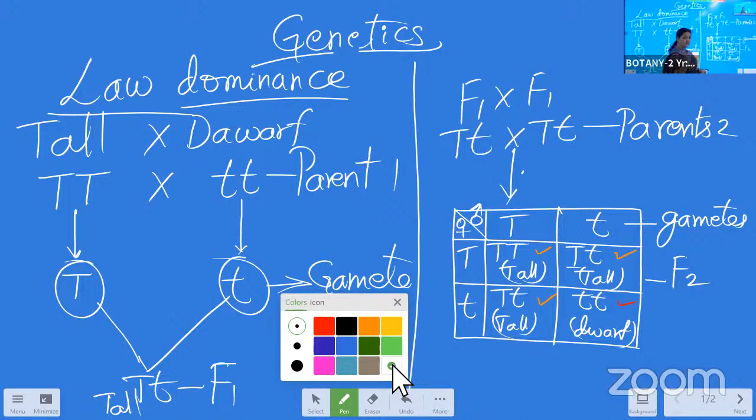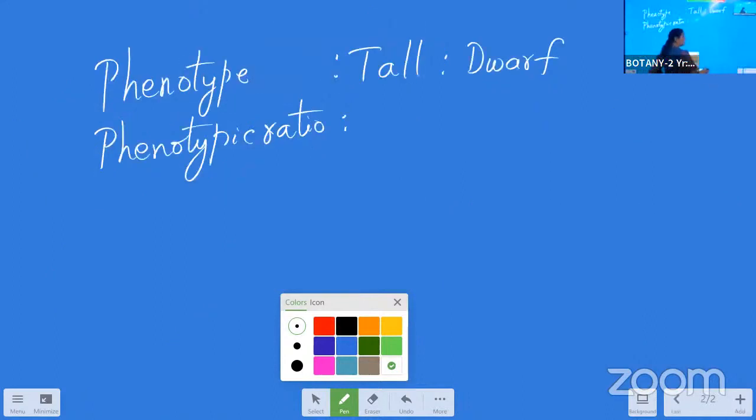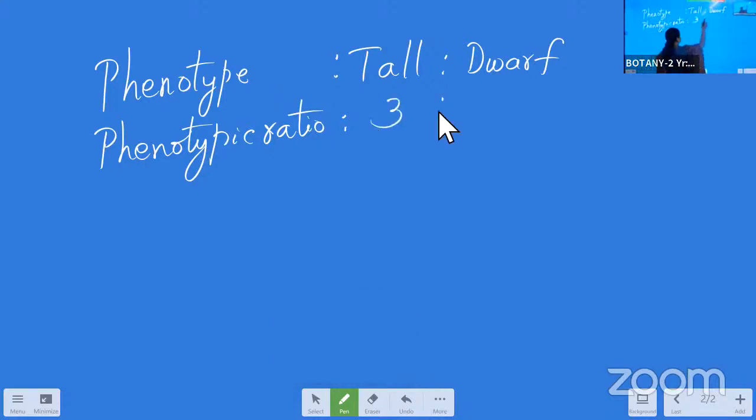Out of these three, one we can expect. If not, the next three questions. Okay. So how many tall plants are present with the same character? Here, three tall plants we can see and one dwarf plant we can see in the phenotypic ratio.